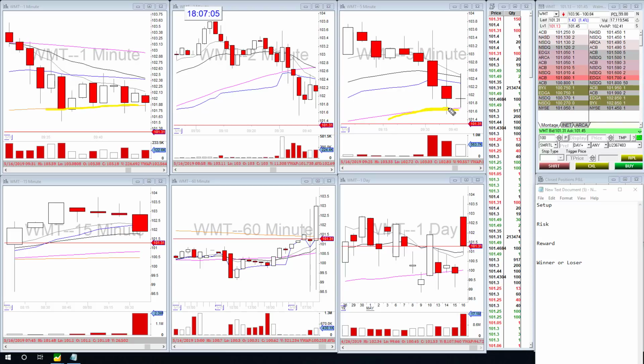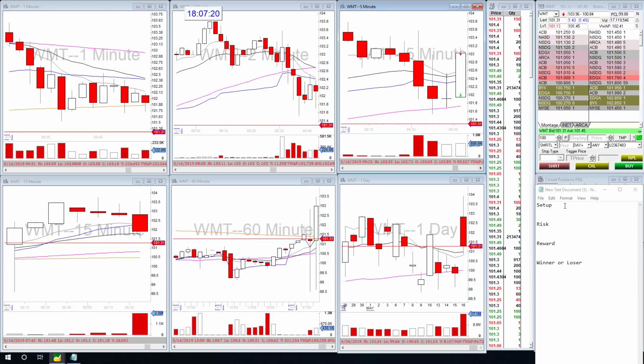So all my purple is 50 moving average, my orange is 200 moving average, and I saw that it was a big gap up on the daily, and the 60 minute looked really, really bullish. So I actually took this for a long, and my setup was an inverted hammer reversal.